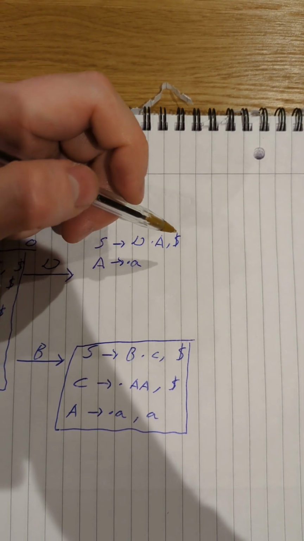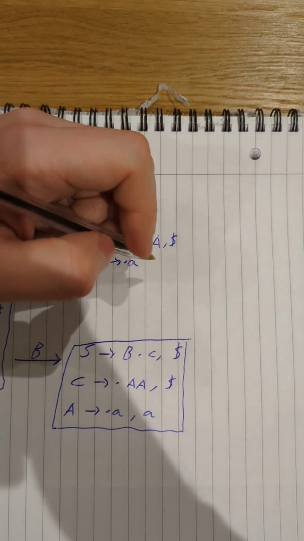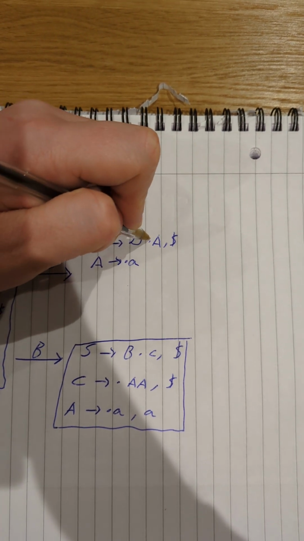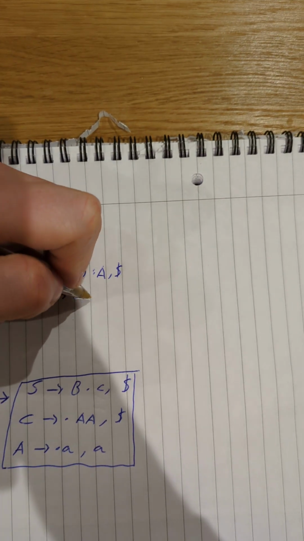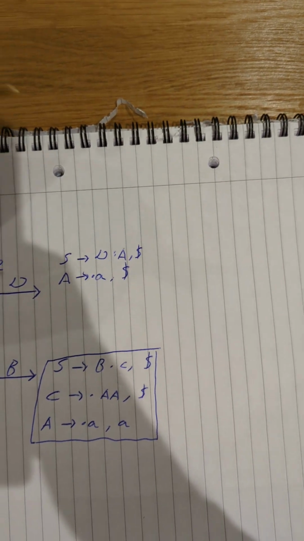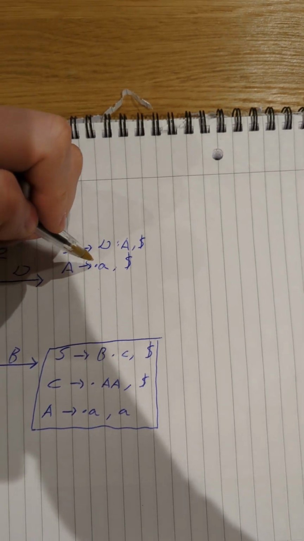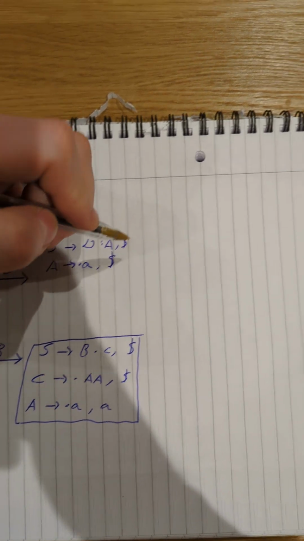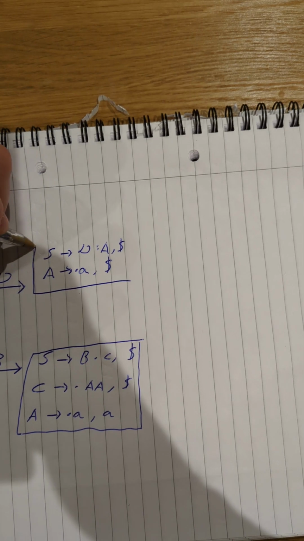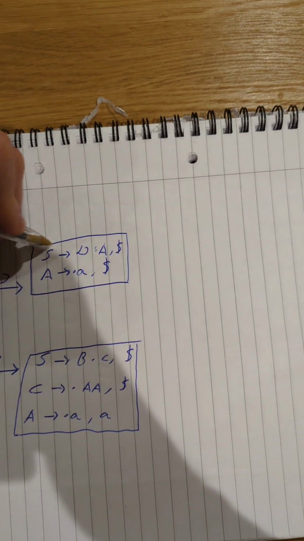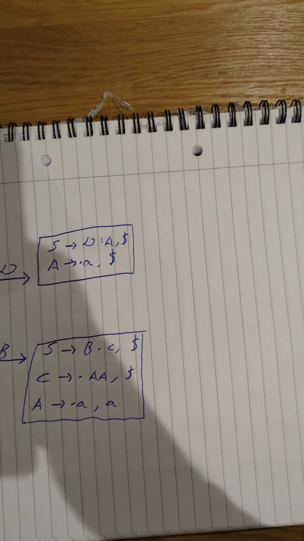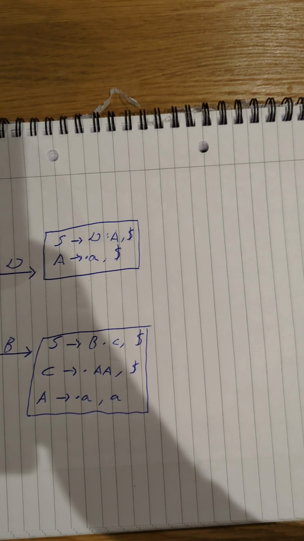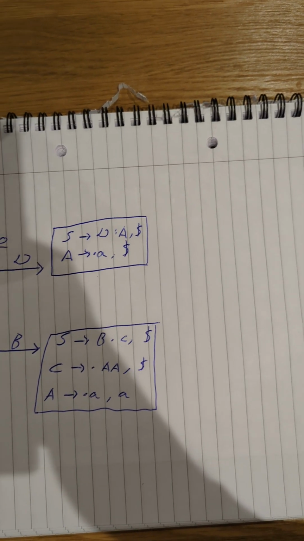What's our look ahead? In this case, the dot is here. There's nothing after A, so the look ahead can only be $, the end of the string. Any more closures to do? No, because this is in front of a non-terminal, so we stop there. That's our third item set.